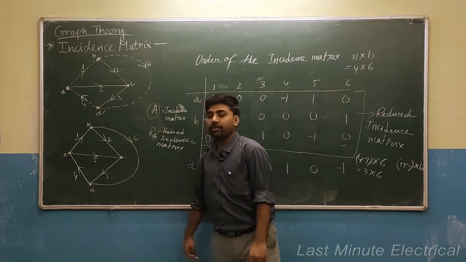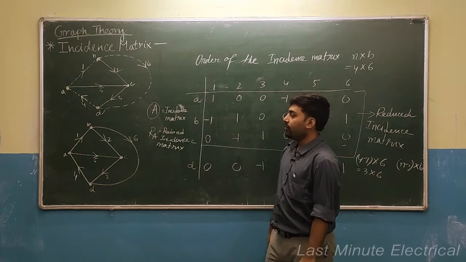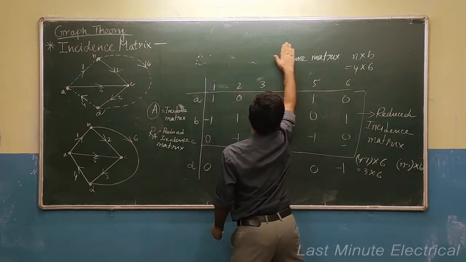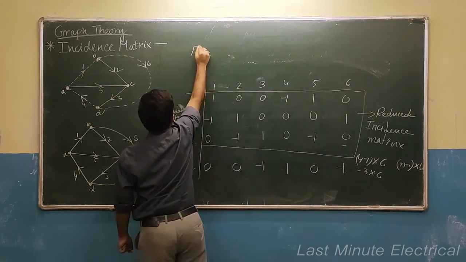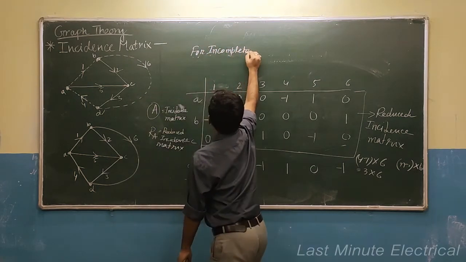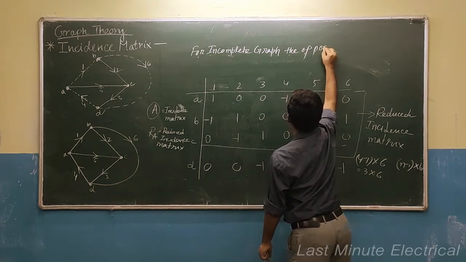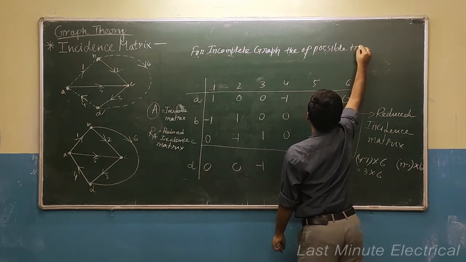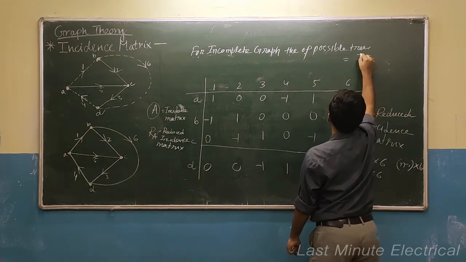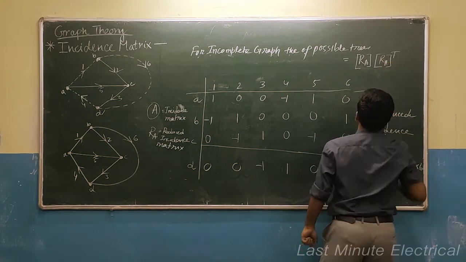As I am taking this as a complete graph, we already know 16 trees are possible, but for an incomplete graph, the number of possible trees is equal to the determinant of RA into the transpose of RA.